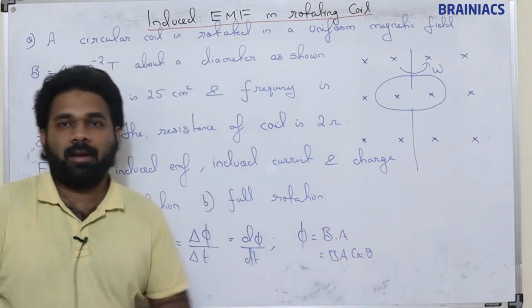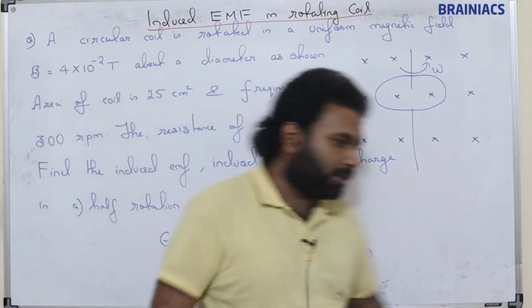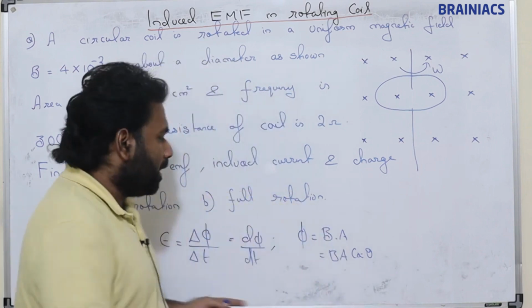Theta is the angle between the magnetic field vector and the area vector.